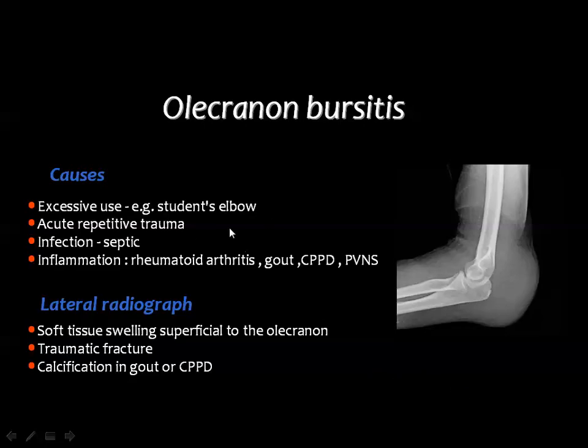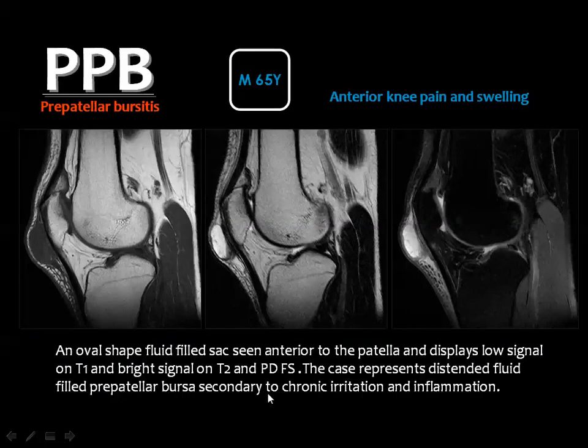These are the causes: excessive use, like the student's elbow, repetitive trauma, septic inflammation, or in cases of rheumatoid arthritis or gout and others. And in the X-ray, you see a soft tissue swelling in the back of the elbow, and sometimes you see calcium if the underlying cause is gout or pseudogout.